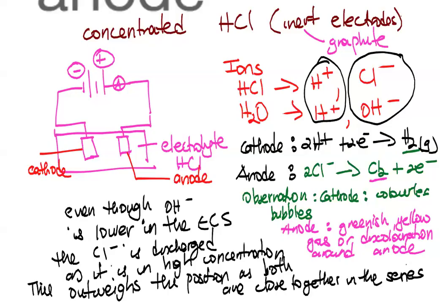So we're doing concentrated HCl. What do you think they're going to ask you now? What could come next? Could they ask you about the ratio of the gases? What will be the ratio of the gases?